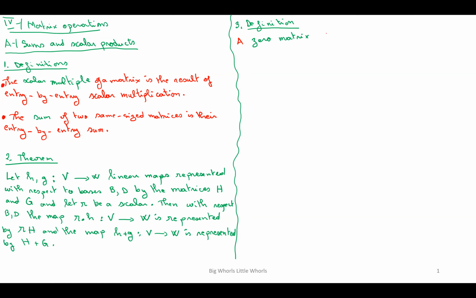A zero matrix has all entries equal to 0.